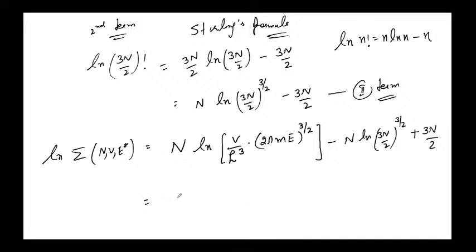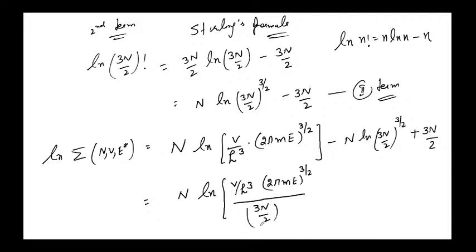Let us combine all the logarithmic values. So this equation becomes n log of V over h cube, 2 pi me to the power 3 by 2. The second minus term, its logarithmic value goes in the denominator, so that is over (3n by 2) to the power 3 by 2, plus 3n by 2.